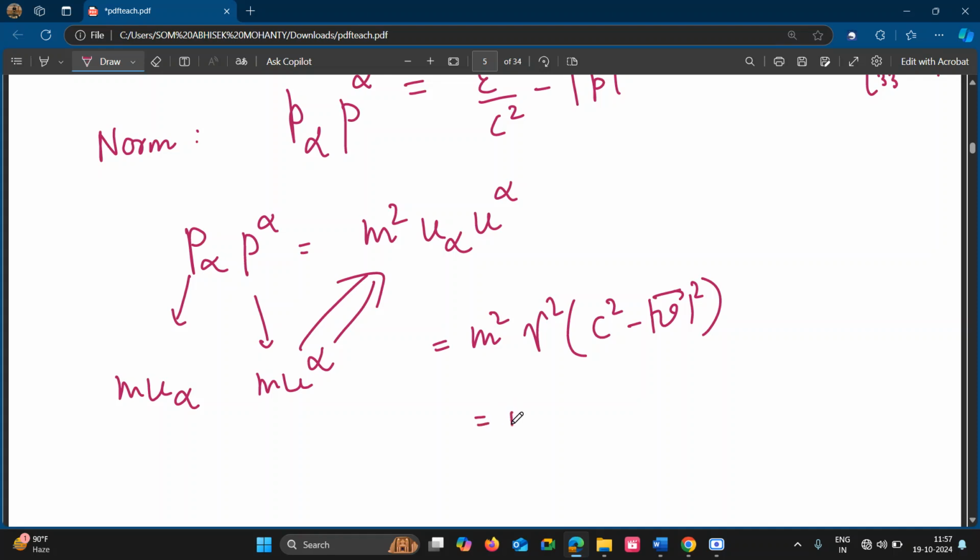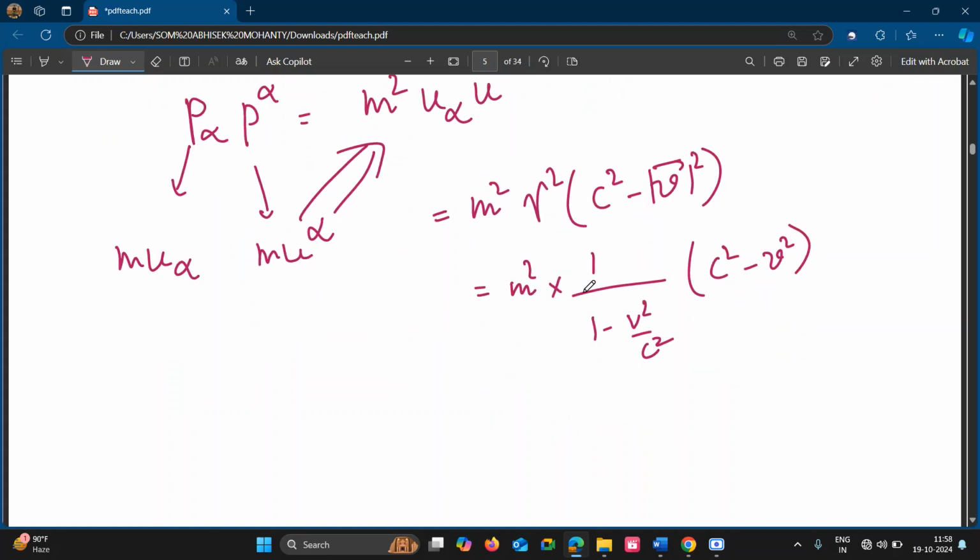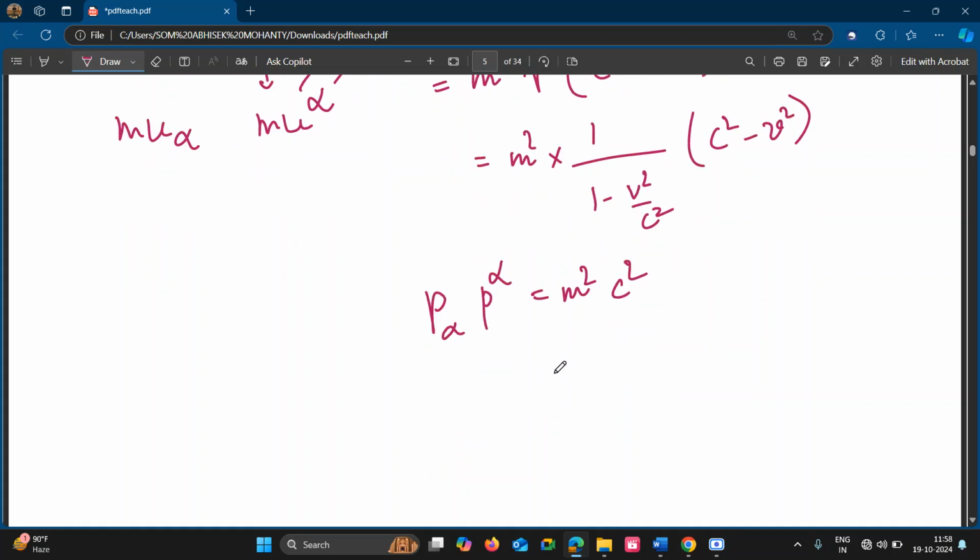So in the end this is m square into 1 by (1 minus V square by C square) times (C square minus V square), and this cancels out to give m square C square. So the norm can also be m square C square.